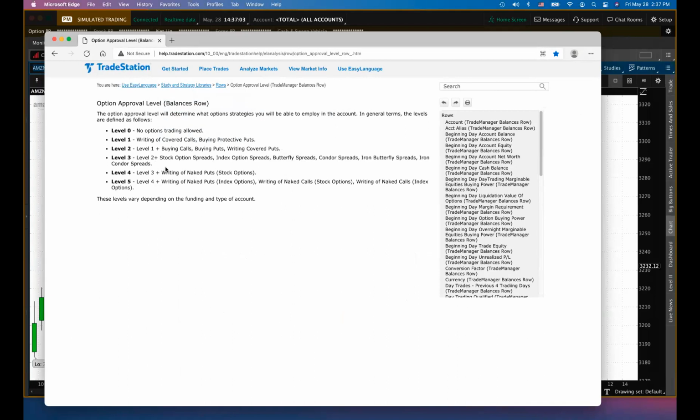With level 2 and above, you can do stock option spreads. You can do index option spreads, butterflies, condors, butterfly spreads, and condor spreads, all that good stuff. So level 3 is the one that I would say first and foremost that you need in order to do option spreads in TradeStation.